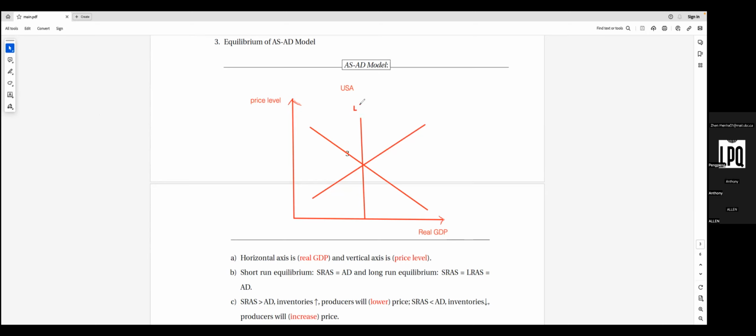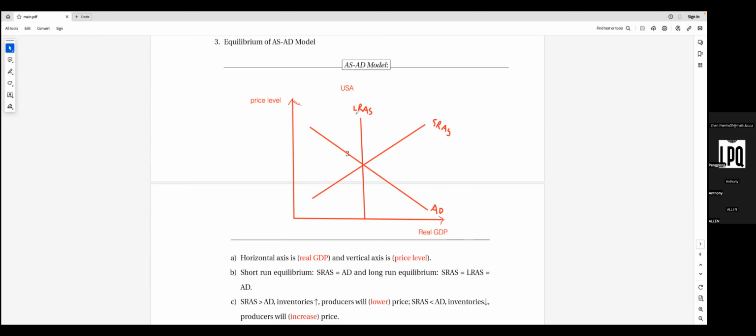This one is called the long-run AS, this one is called the short-run AS, and this one is called the aggregate demand. We don't have a long-run AD and short-run AD. We just have one single aggregate demand curve, but two different supply curves.